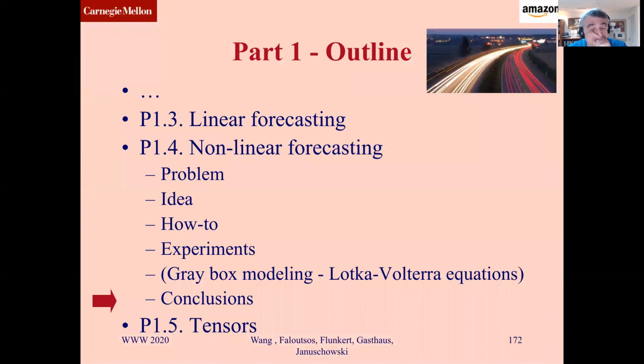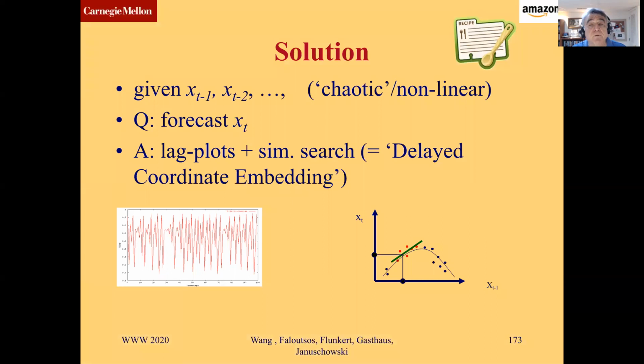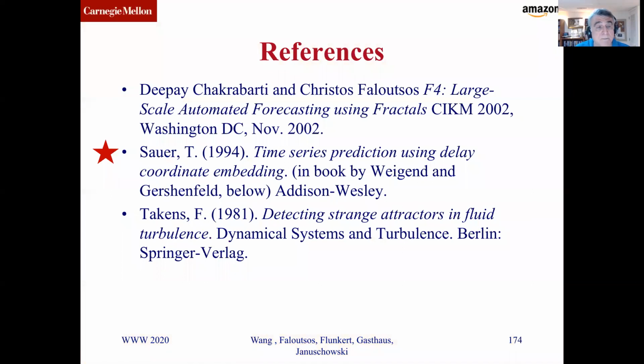So this closes the parenthesis on gray box modeling, and the conclusions are that if we have chaotic nonlinear systems and we are sure that autoregression will not lead anywhere, then we can use lag plots and similarity search, the method of delayed coordinate embedding. This is the paper by Tim Sauer, the one that won the competition, actually tied in first place with a neural network of the 90s, which was not a deep network, of course, they didn't exist yet.